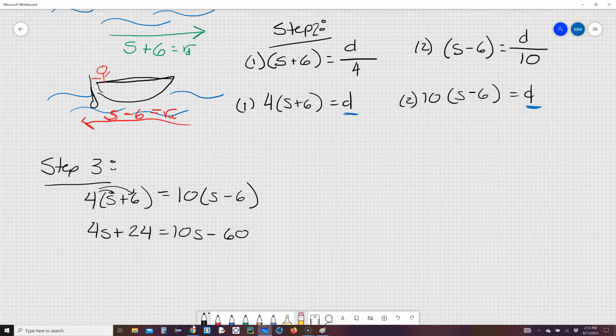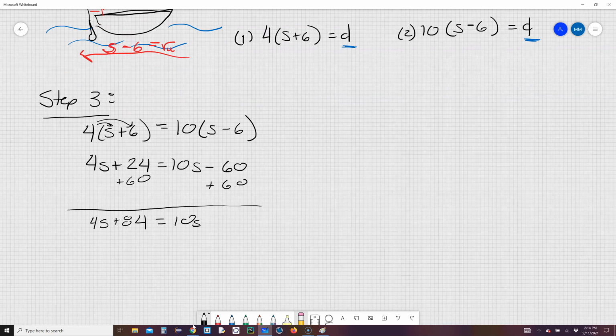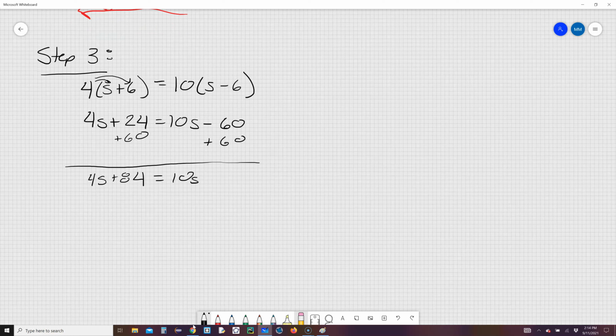I can go either direction, but I would rather add the 60 to both sides. 24 plus 60, that's 84, and that is 10s. Let's give ourselves some more space. Now I can subtract the 4s from both sides, giving me that 84 is equal to 6s.